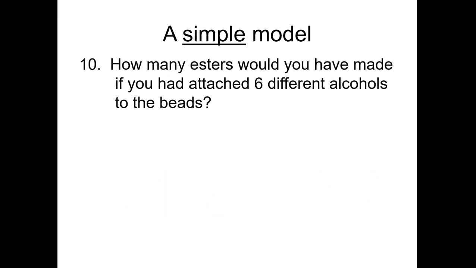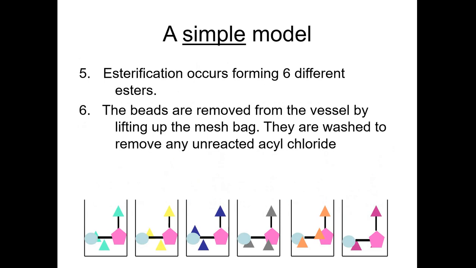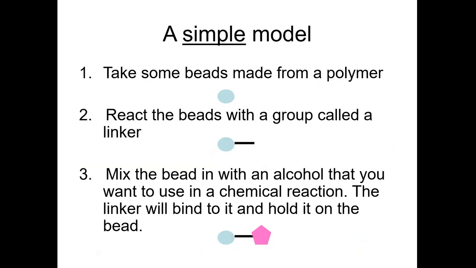How many esters would you have made if you had attached 6 different alcohols to the beads? How many combinations? If you have used 6 different alcohols, now you have used one alcohol.